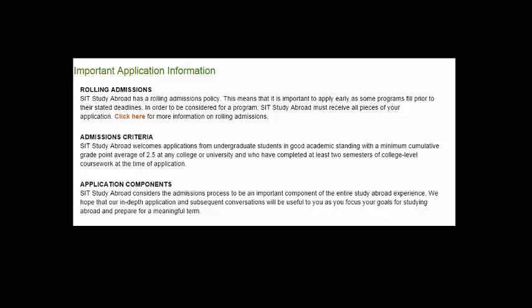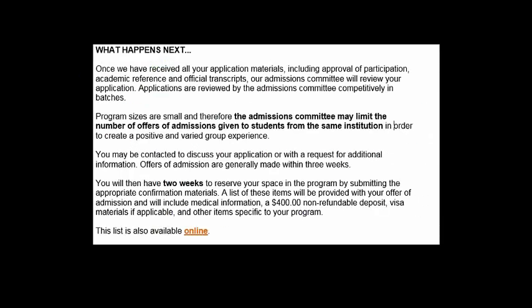You have to have a grade point average of at least 2.5 or whatever your school dictates. And you have to complete at least 2 semesters of college-level coursework since you have started the application. From there, you also have to fulfill any and all application requirements for your study abroad office there at your home institution. So after that, make sure that you have the components that were on the checklist before.